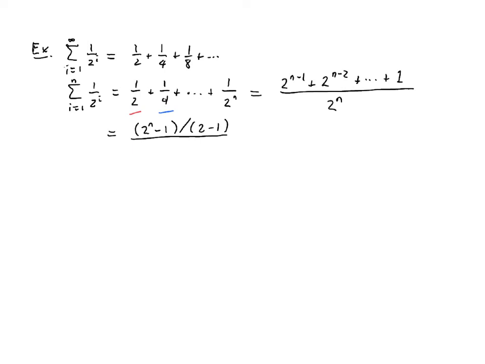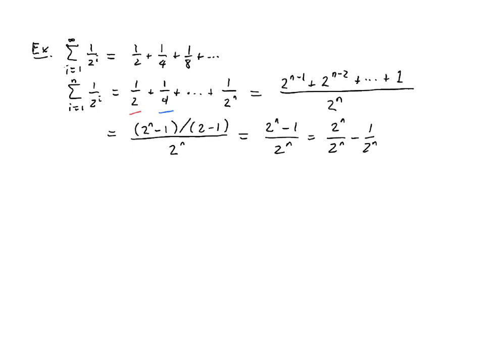And I'll give an explanation for that in a second. The denominator stays the same, and what we find is that 2 minus 1 is 1, which means that bit in the numerator disappears, and we simplify to 2 to the n minus 1 over 2 to the n.